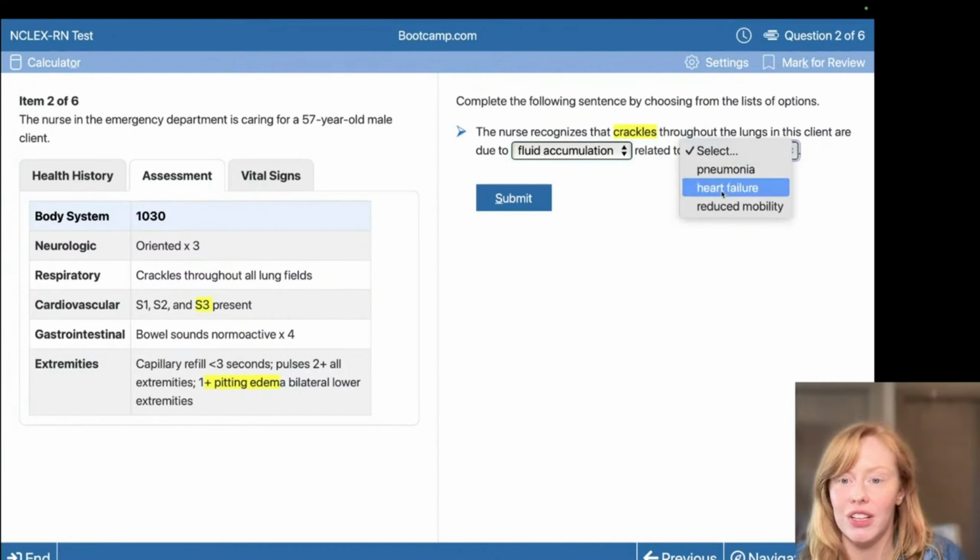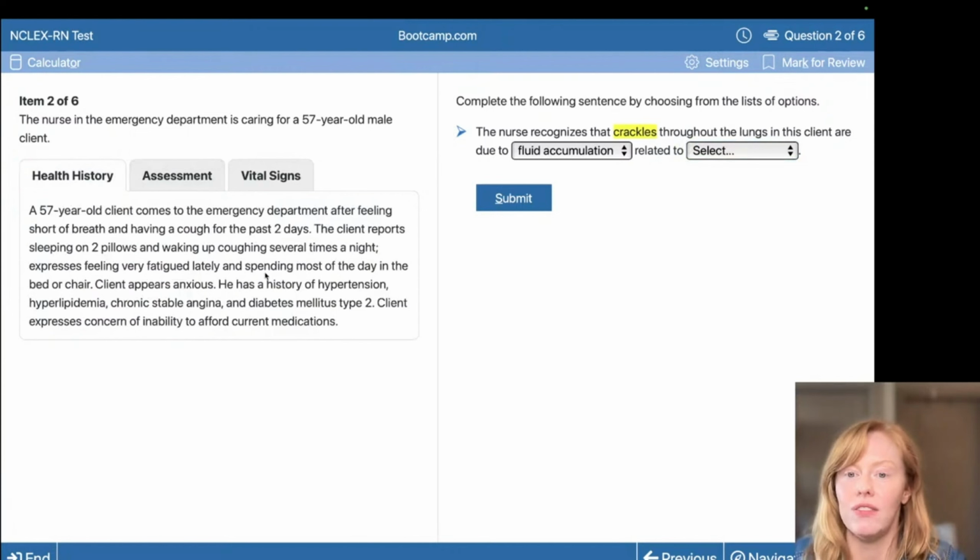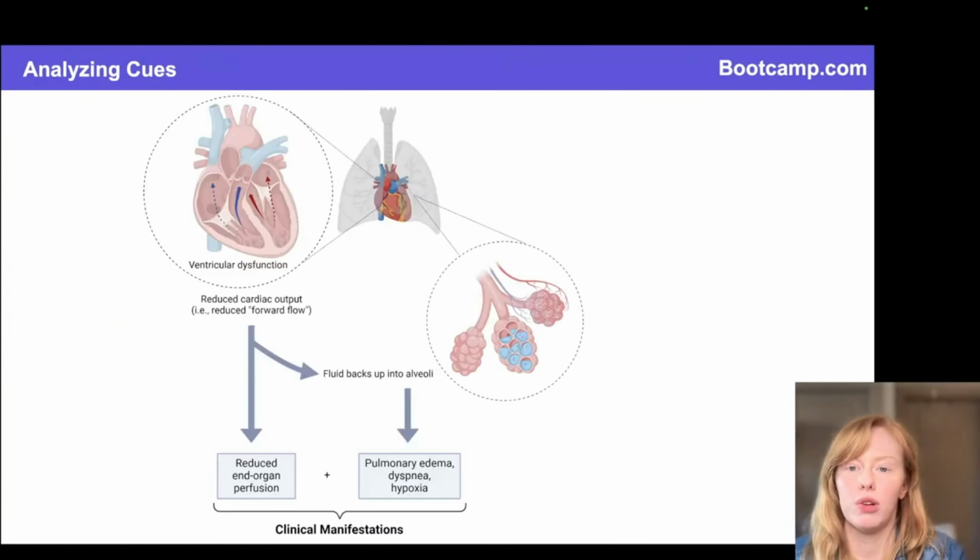But heart failure, I think you guys are onto something, and the majority of you are guessing that because yes, we've got all these heart failure risk factors present. It's worse when he's laying flat, right? That's called orthopnea, why he's having to sit upright. And we're going to do a quick review of this.